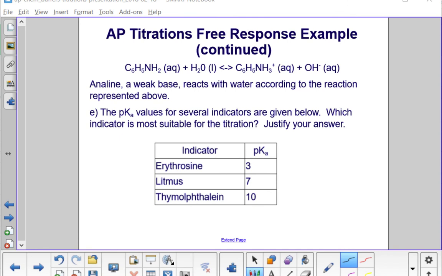Last but not least, the pKa values for several indicators are given below. Which indicator is most suitable for the titration? Justify your answer. In general, we want a pKa value close to the pH at the equivalence point.